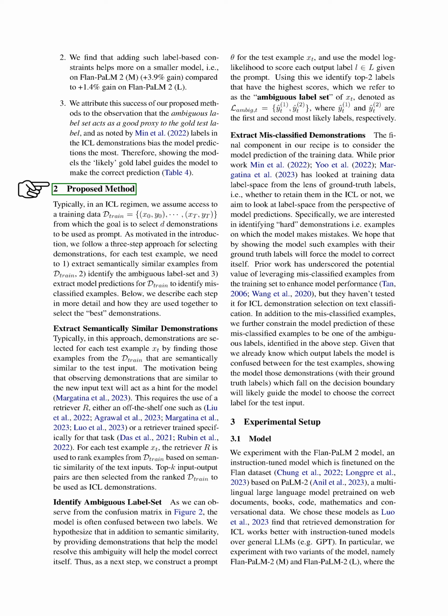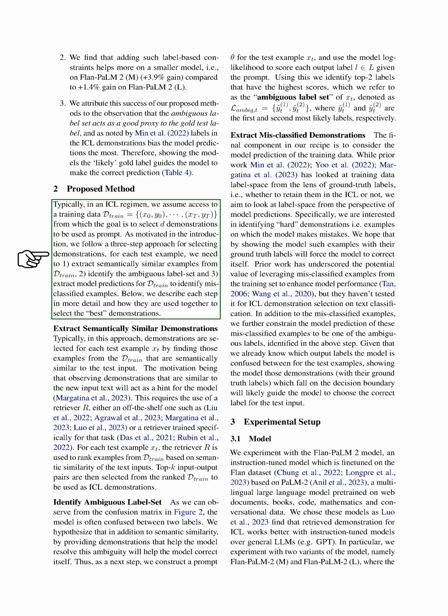Section 2 Proposed Method. In our proposed method, we typically start with a set of training data, which we'll call D_train. This dataset includes pairs of inputs and outputs, represented as x_0, y_0, through x_t, y_t. Our goal is to choose a subset of these pairs, which we'll call demonstrations, to use as prompts.